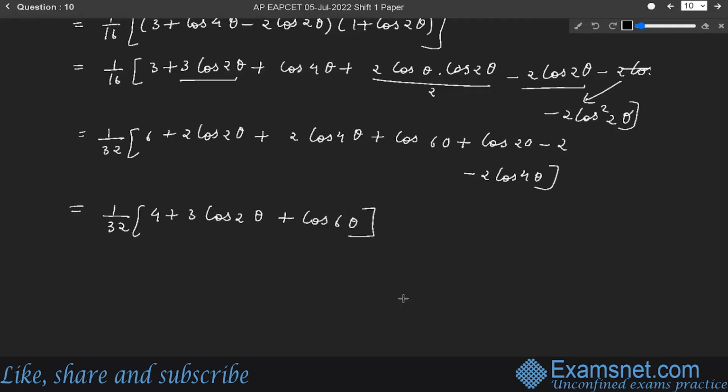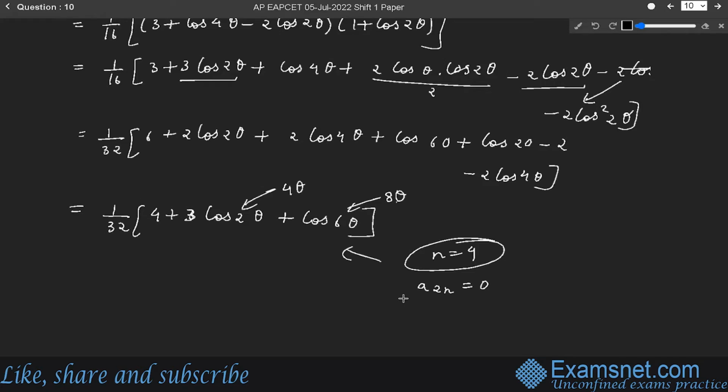Now, this is the required expression. Here you can see that this 2θ becomes 4θ and this 6θ becomes 8θ when n is equal to 4, and a₂ₙ is 0 for n equal to 4. So when we keep n equal to 4, this becomes 8θ and 4θ.